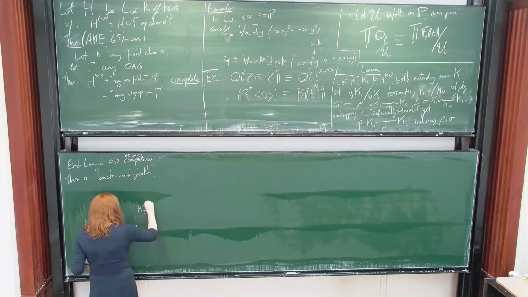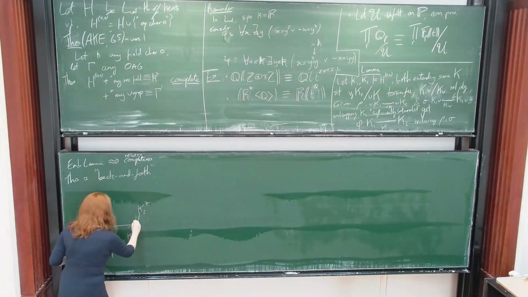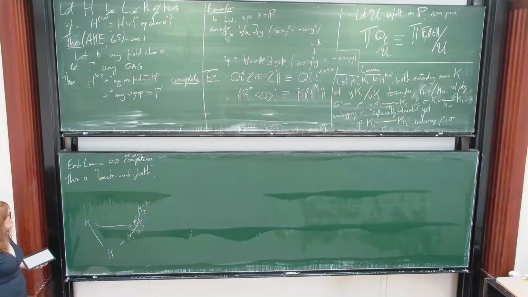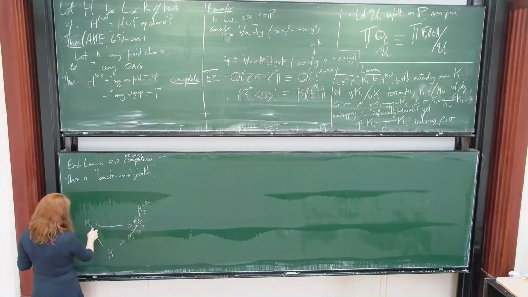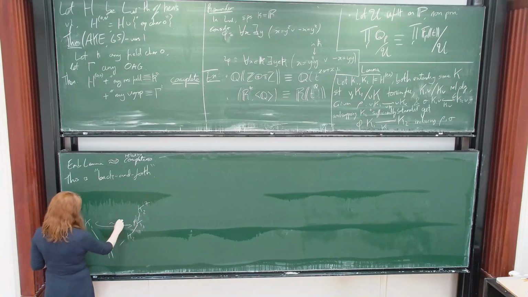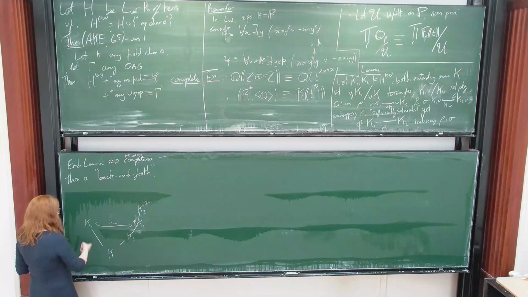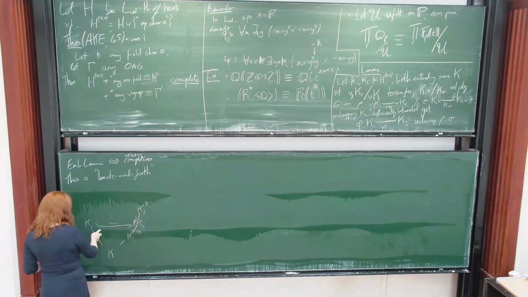Then there'll be an image in here, some sort of phi of K1. Across this isomorphism, this thing has a common subfield with this thing.